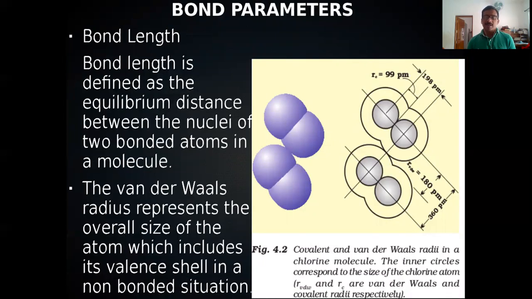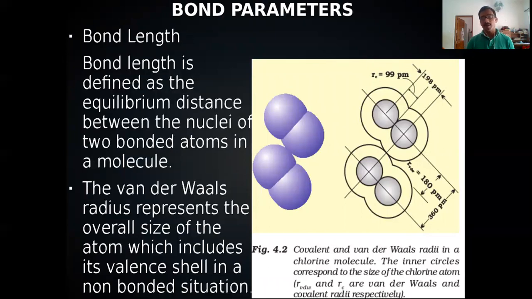Now we have to study the bond parameters. When atoms combine together to form a molecule, there is bond formation. And if there is bond formation, we can identify some bond parameters. We have to study these bond parameters.